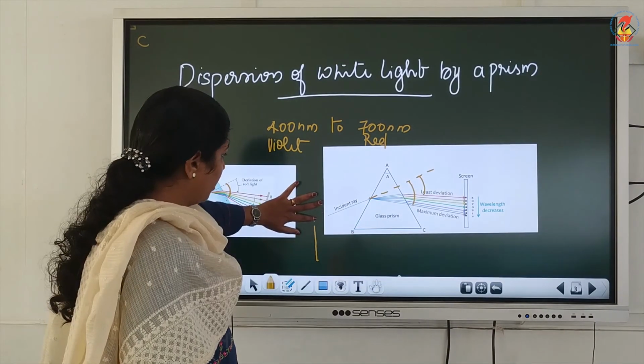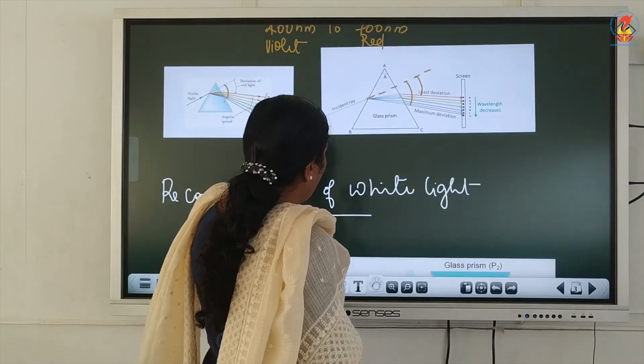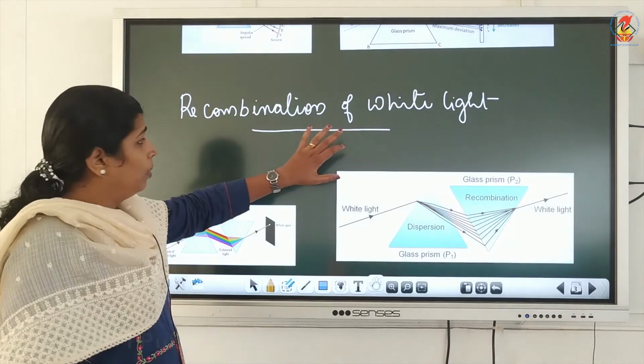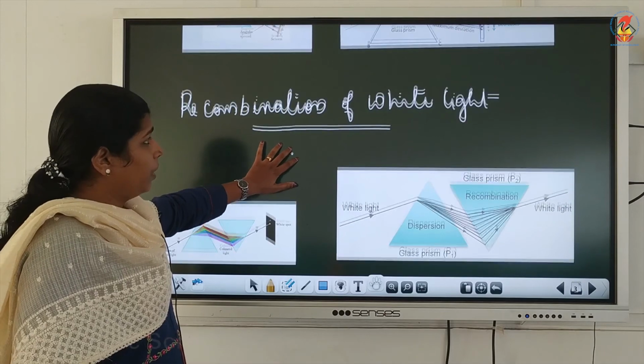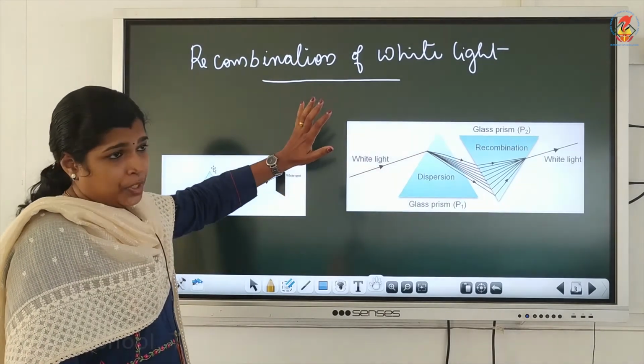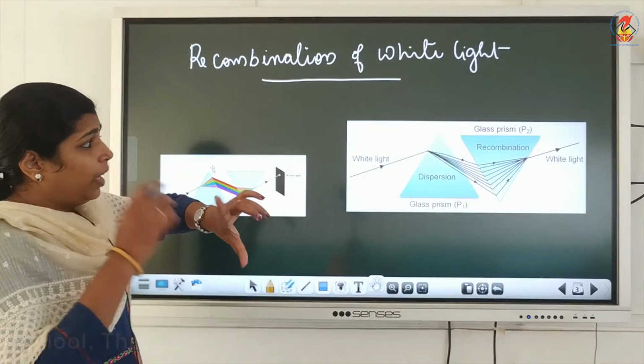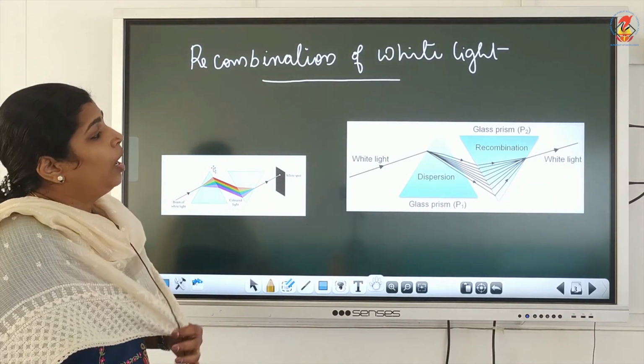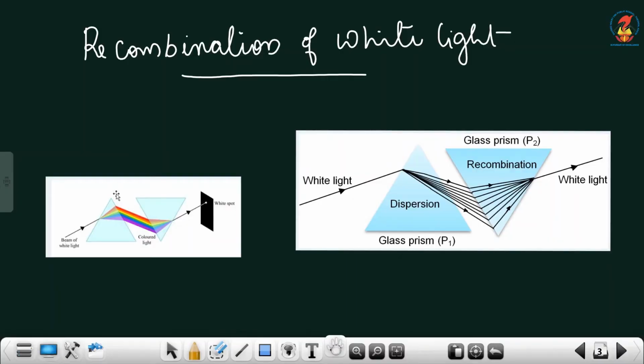He tried to split these colors again and again, but he did not get any more color. So he placed an inverted prism similar to the first one and allowed the white light to pass through the first prism.